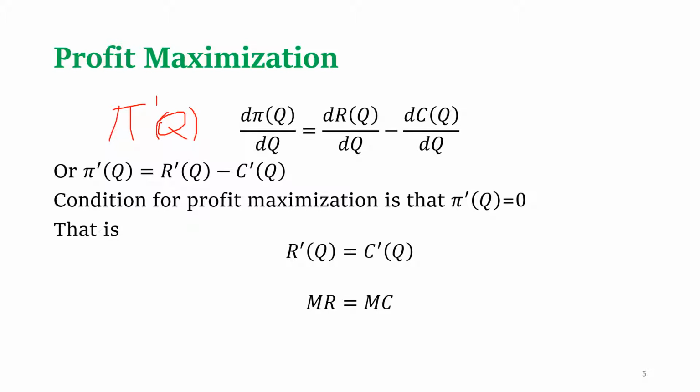In other words, you can also represent the marginal cost as the change in the total cost over the change in output. Okay? So the reason why this first order condition needs to be set to 0, the derivative of the profit to 0, is because that will equate the marginal revenue to the marginal cost. And that is the profit maximizing condition of the farm. Okay?